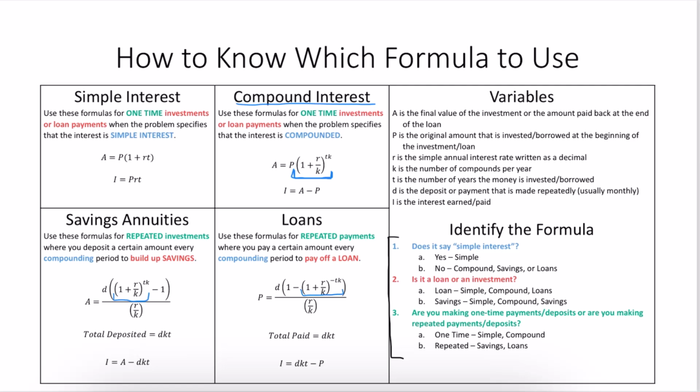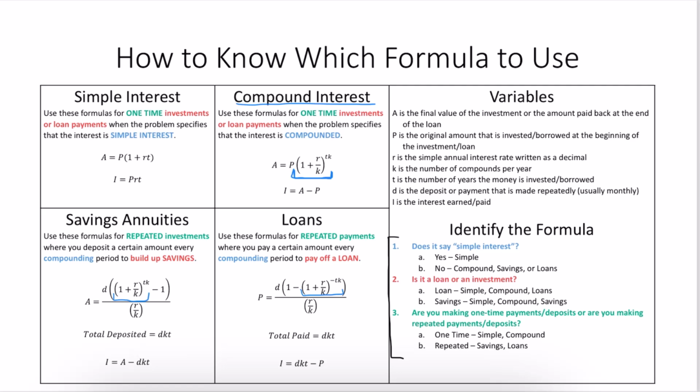And so even though savings, annuities, and loans don't have the words compound interest in their title, they are still compound interest. And so if the problem says that the interest is compounded, it could be any one of these 3 categories. So if the problem does not say simple interest, you know it's got to be one of the other 3, but it could be any one of the 3, even if the word problem says that the interest is compounded.